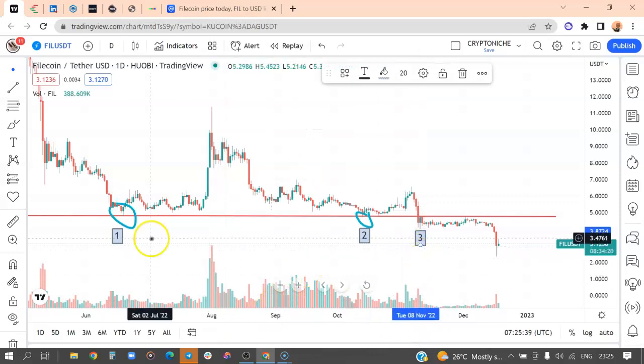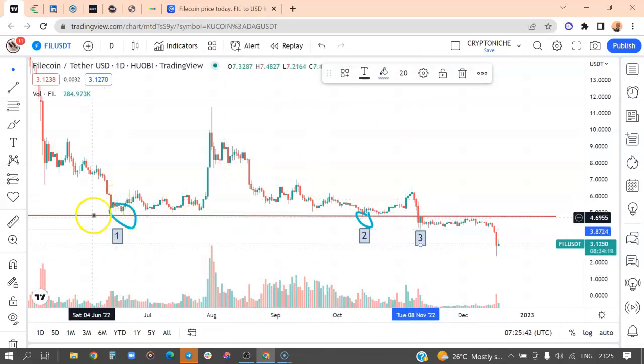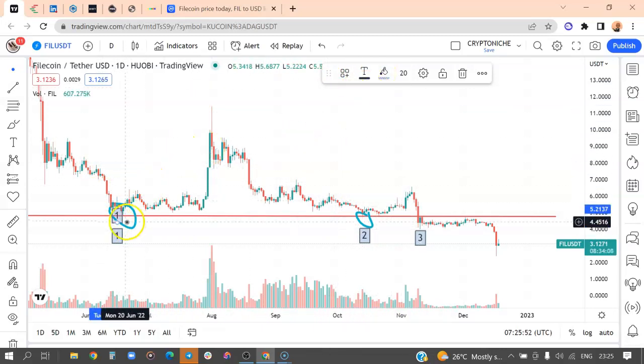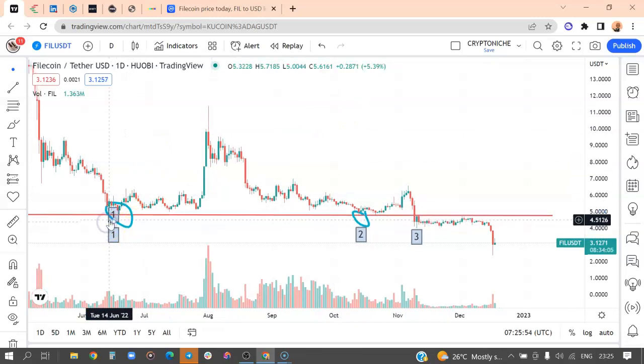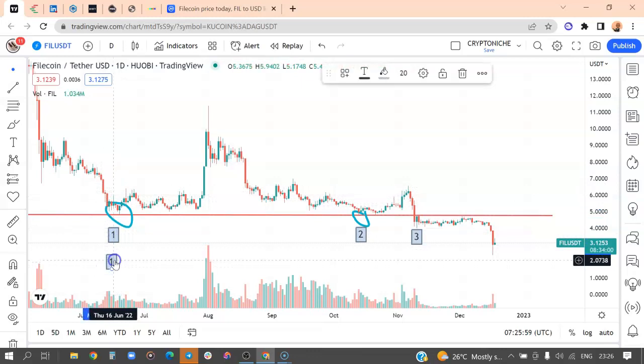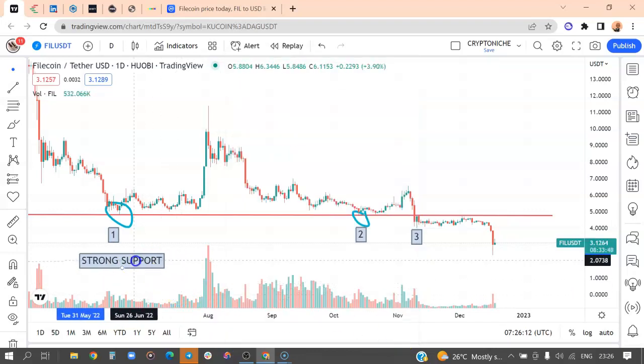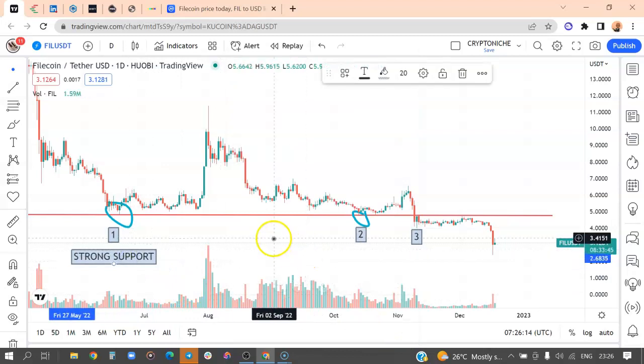So it was strong right here. Let me say strong support. The number 1 was a strong support.